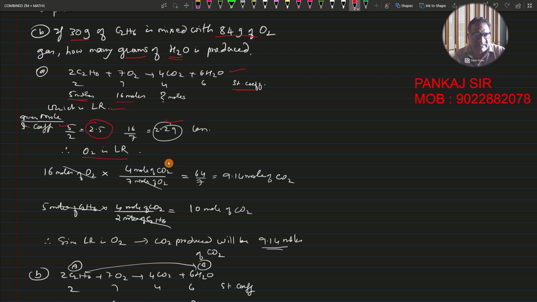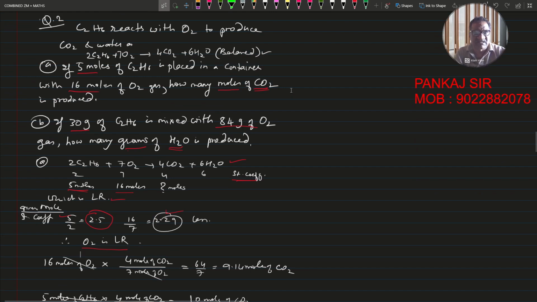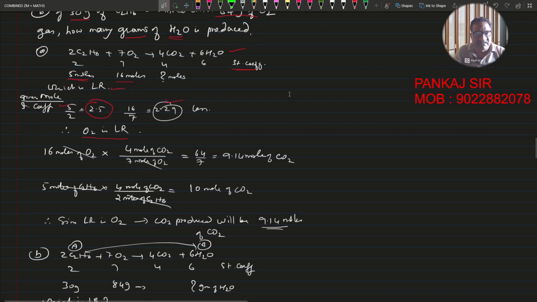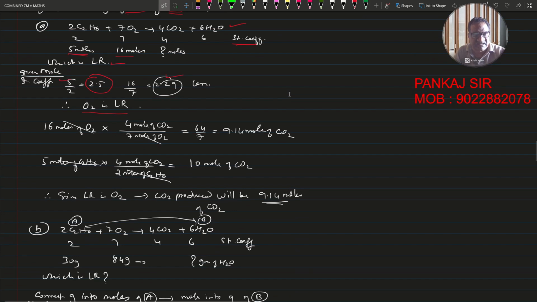At the start of this session, I told you perhaps oxygen must be an excess reactant, because it's a complete combustion and carbon dioxide and water are being formed. But you can see that it has worked out to be the limiting reactant instead. So it's very necessary that you should not go by chance or any assumptions.